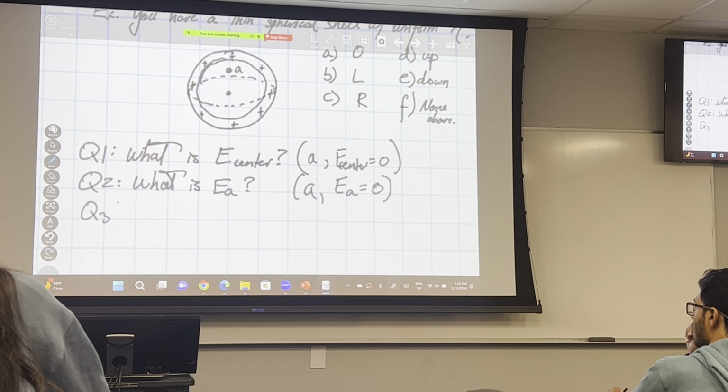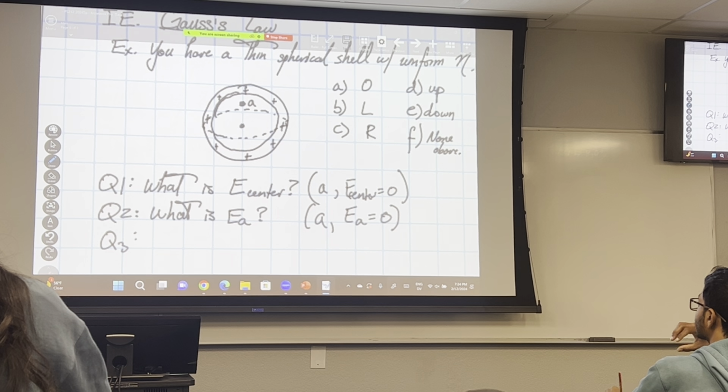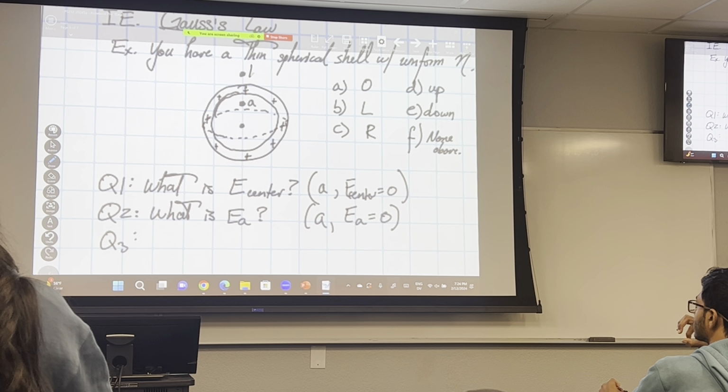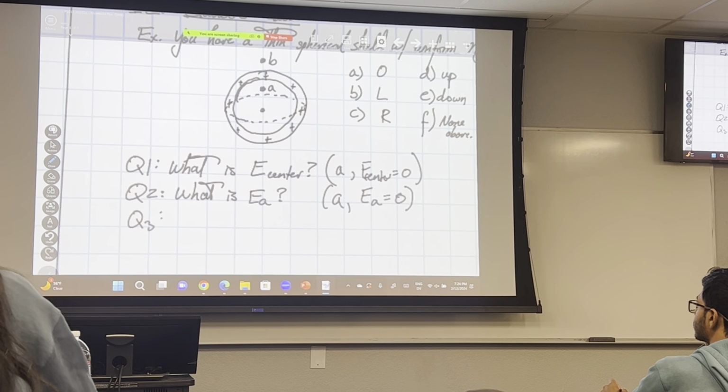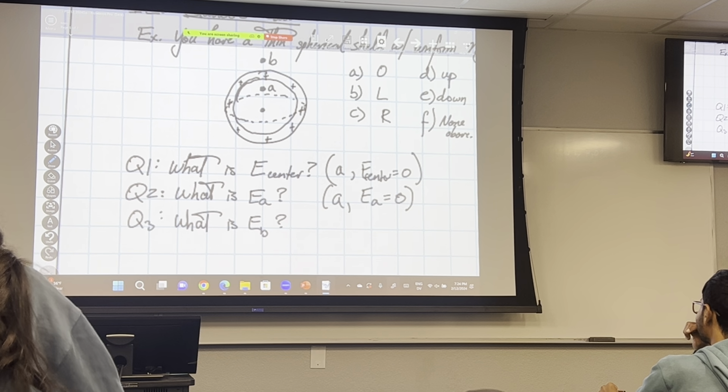Let me ask a third question. Instead of being inside the sphere, let's now say we are outside of the sphere. We'll call that point B. What is the electric field at point B? Who says it's A? Raise your hand. 0. Who says it's B, left?